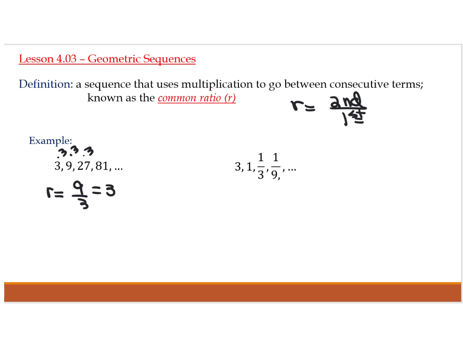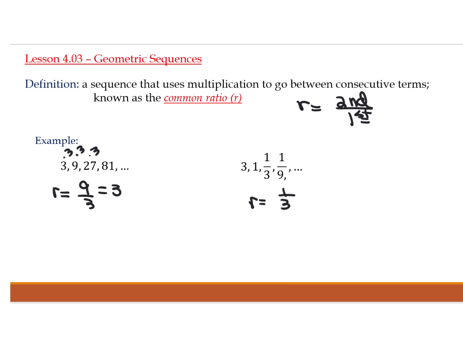In the second example, you have a sequence of numbers, 3, 1, 1/3, 1/9, and so on. And we're going to find r. r is going to be the second term in the sequence divided by the first term, and we get a fraction. But we've got Desmos, so not any problem multiplying to check to see if this works.